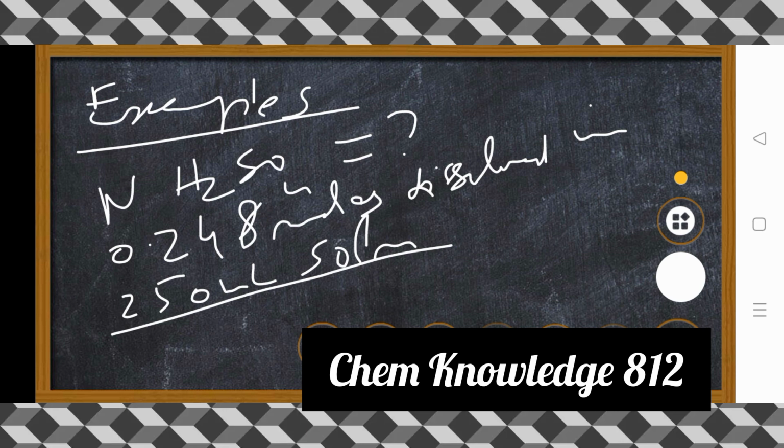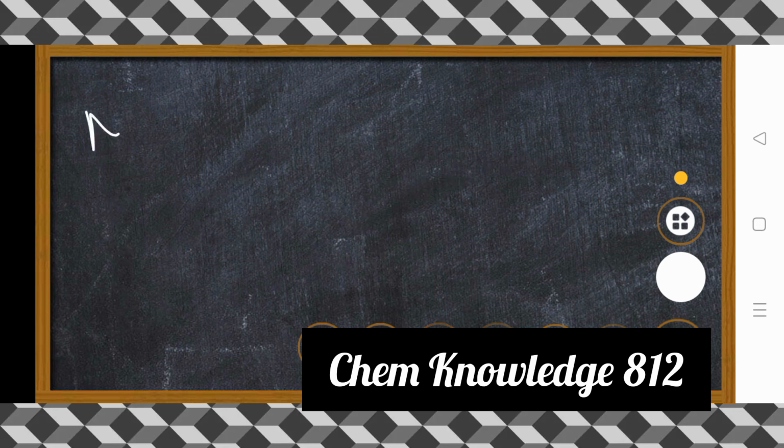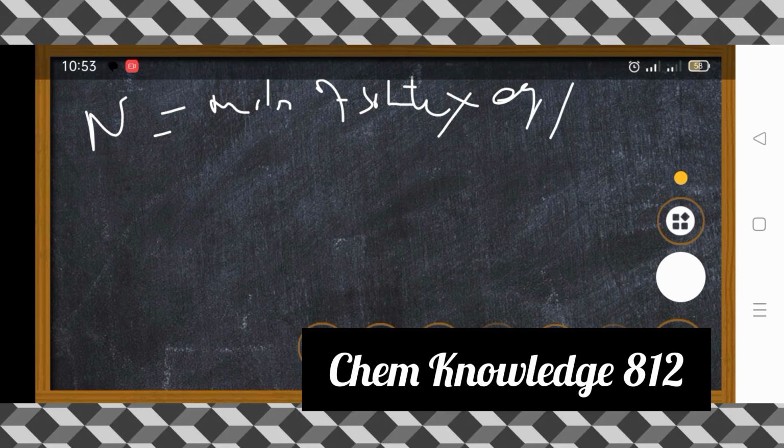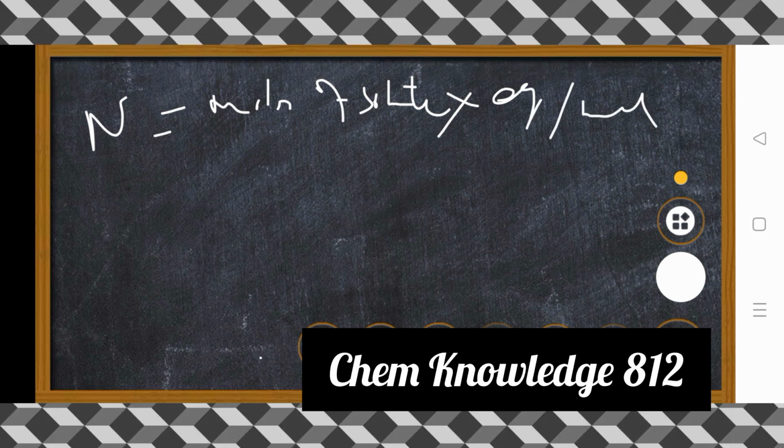If we determine the normality of sulfuric acid, we know that normality is equal to moles of solute times equivalents per mole divided by liters of solution.